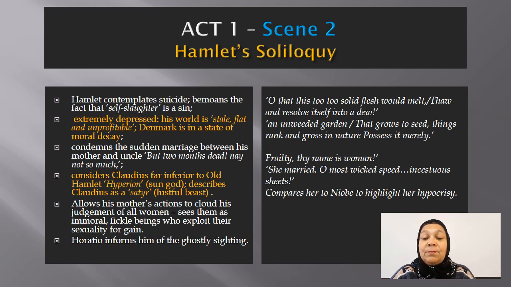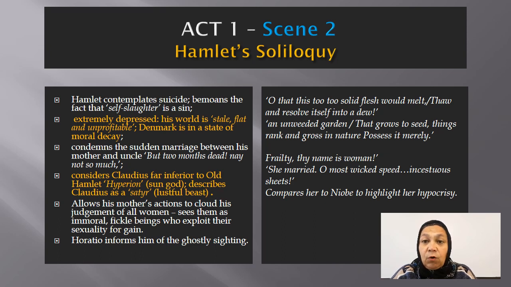He sees him as being Hyperion, the sun god, and he describes Claudius as a satyr, a lustful beast. You know, that image that is often presented to us of a mythological creature who has the body of a goat but the face of a man. So he sees Claudius as being a lustful, debased and depraved creature.